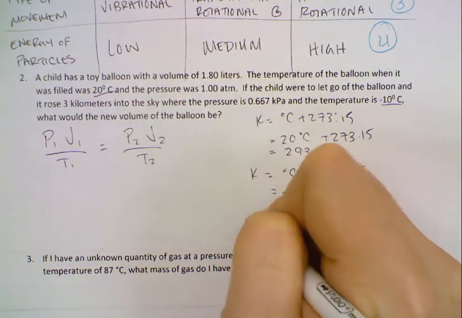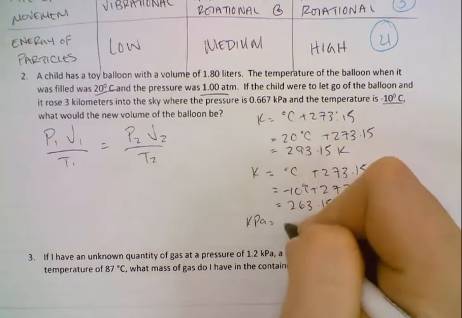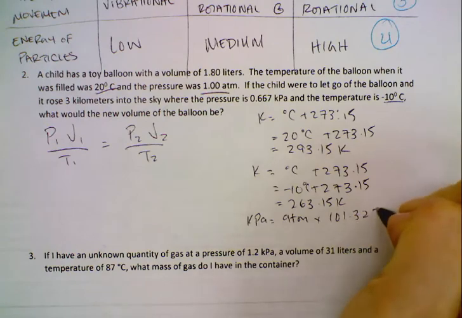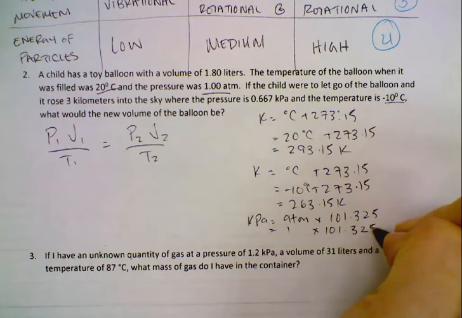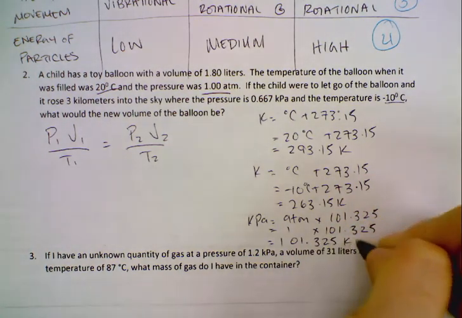And for kilopascals, this atmosphere needs to be converted into kilopascals. And we know kilopascals is atmospheres times 101.325. And because we have 1, we're going to end up with exactly 101.325 kilopascals.